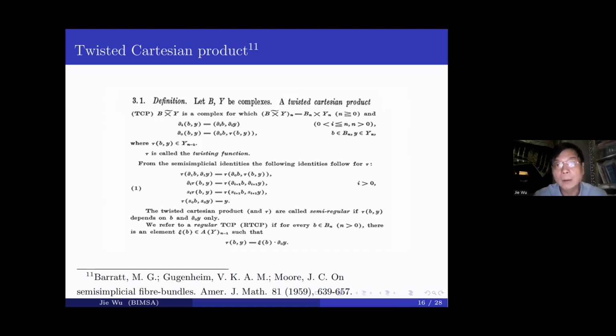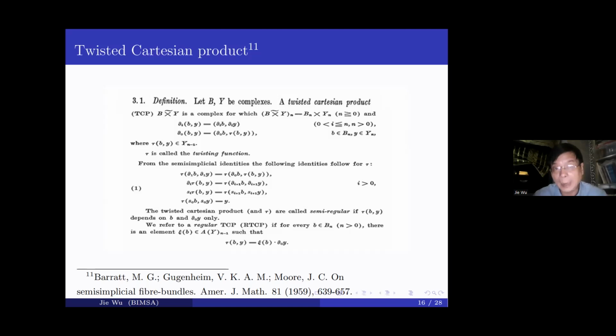Now, the setting I put here is displayed content from their paper. This is the so-called twisted Cartesian product. Of course, in simplicial sets there's a nice setting where the Cartesian product is just the dimension-wise Cartesian product of sets. So it's a quite natural construction, and the geometric realization of the Cartesian product of simplicial sets is still the Cartesian product of spaces.